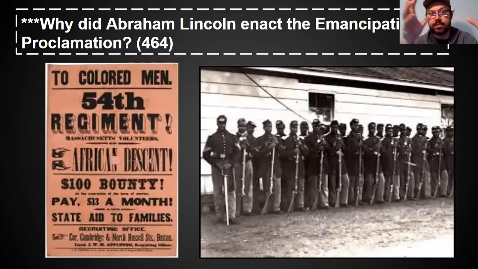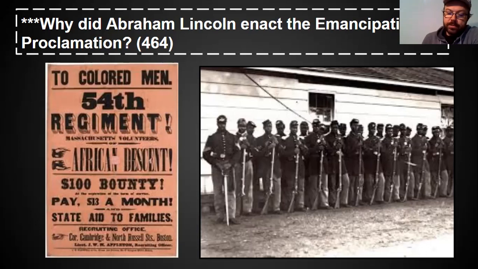They're all white battalions and regiments, all black ones, the officers in charge of those battalions are white, and the black soldiers got paid less than the white soldiers. But it's a pretty good step forward, allowing African Americans to fight in the war, especially in a war that will become a war of emancipation.